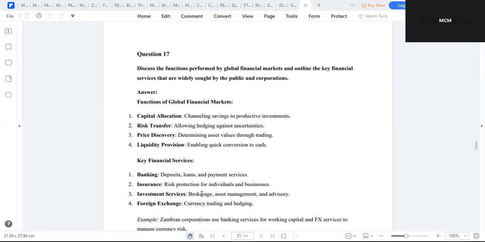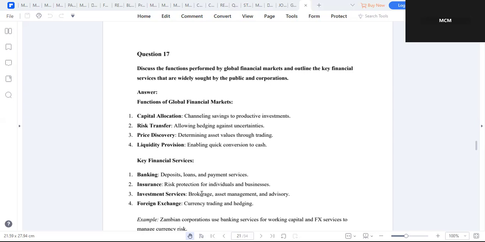Other services that are being sought are services like what? Investment and wealth management. So there are brokerage services for buying and selling securities like bonds. There are asset management and mutual fund services that are there. There are advisory services. All these are seeking to give you options that are feasible and best. Then also there are foreign exchange services.